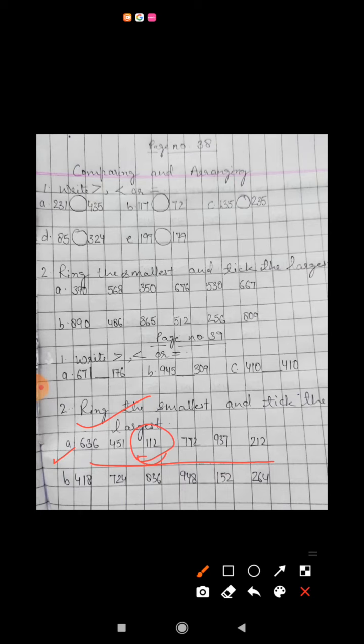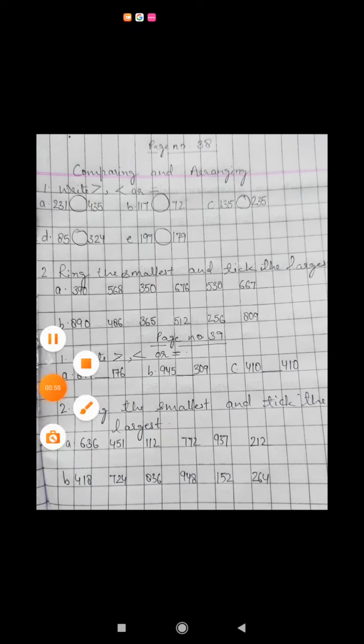Greater number here 9, na, on hundreds place. Okay, that means this number is greatest, so we have to tick on this number. First you will check hundreds, only if they are the same then we look at tens place. Okay, if tens place is the same then you will look at ones place.